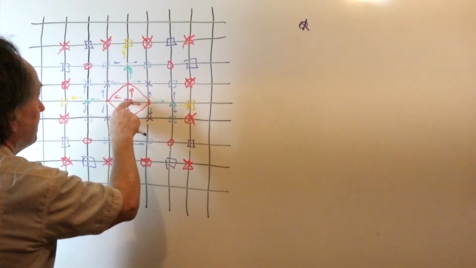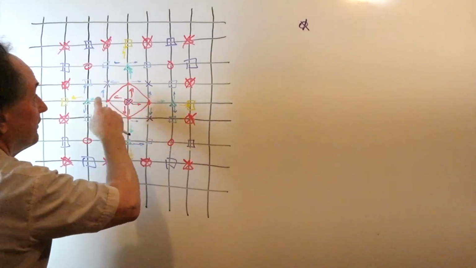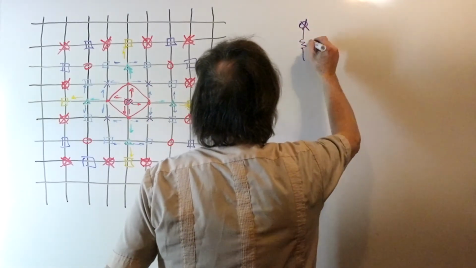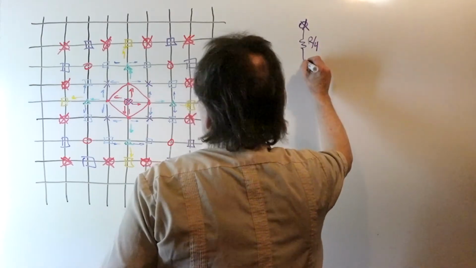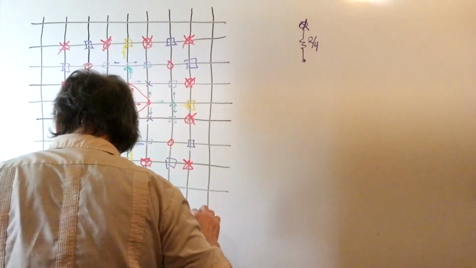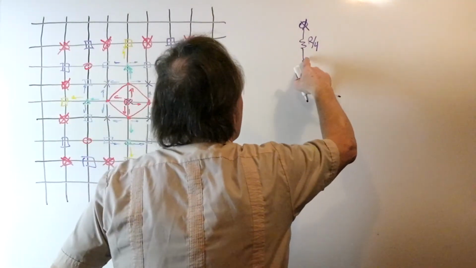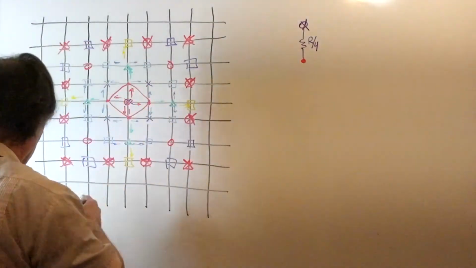The resistors from this node to this node, we have 4 of them in parallel. So we have an equivalent resistance of R over 4. And now we're at the red dot in the network. So I'll put that as our red dots.